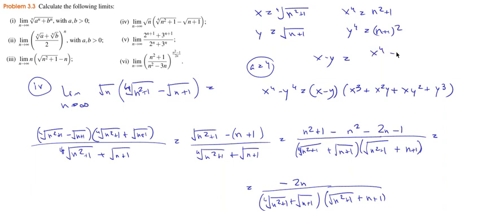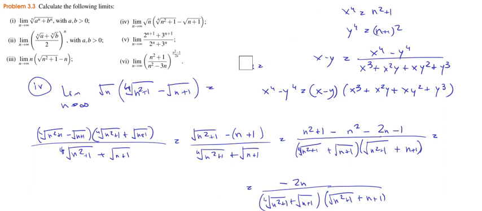You have x to the fourth minus y to the fourth, and you have x cubed plus x squared y plus x y squared plus y cubed. And in the numerator you have x to the fourth minus y to the fourth, which is here what we have. And in the denominator, you have this expression, which if you expand this, you will see it's the same thing. Okay, so either way works, both ways.